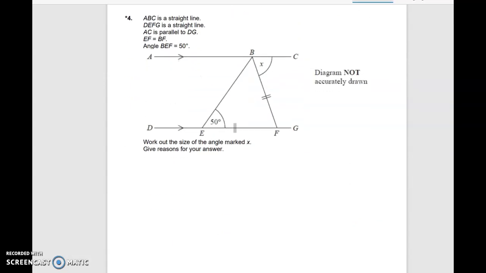Question 4. So here we have, similar to question 1 and 2, an isosceles triangle. Okay, so I'm going to talk you through this and see what you do. So this angle here is 50. What other angle is 50 in this isosceles triangle? Yep, this one here at B is 50. Okay, so we know the angle EBF is 50 degrees because it's an isosceles triangle.